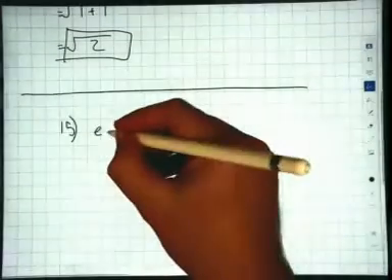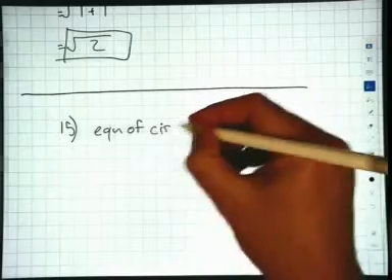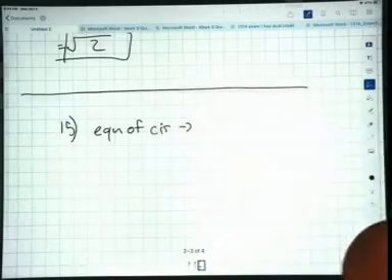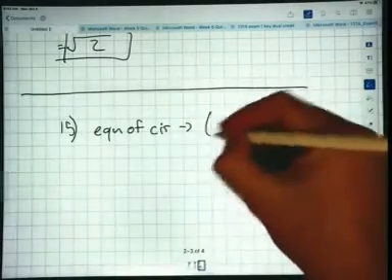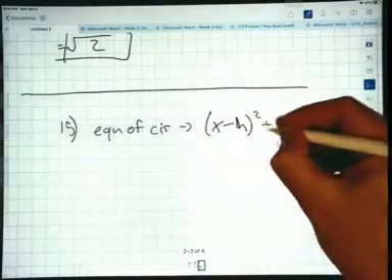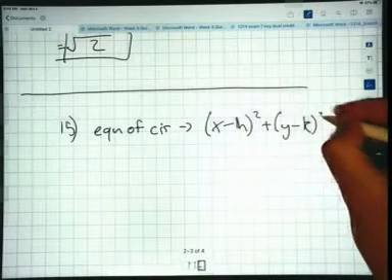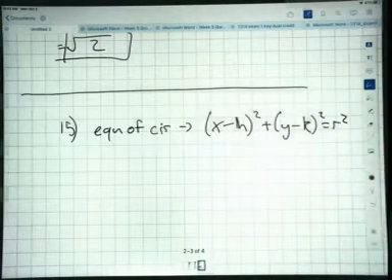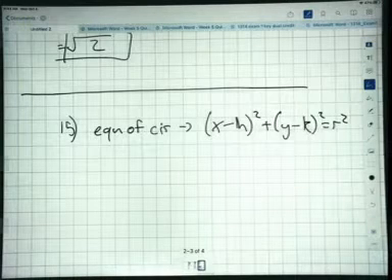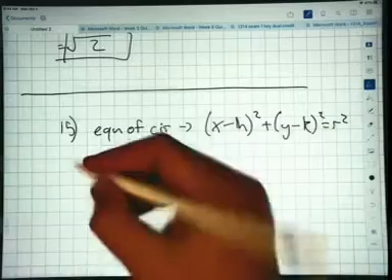We want the equation of a circle. So I'm going to stop right there. Whenever I say the equation of the circle, I want it in standard form: x minus h quantity squared plus y minus k quantity squared equals r squared. We want it in that form. So what is the equation of the circle?